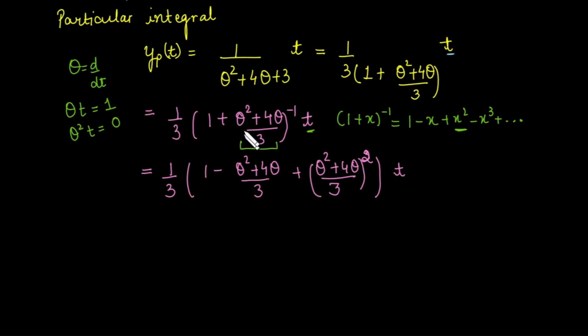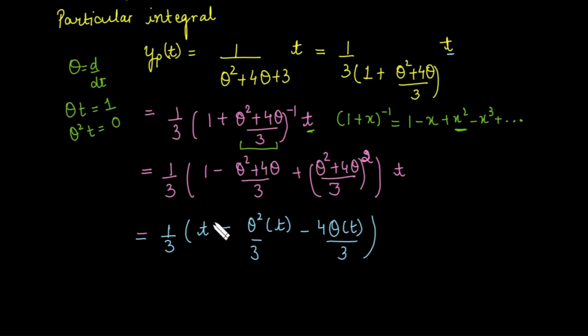So x is theta square plus 4 theta by 3, plus x square. Now multiply these terms. 1 into t is t, minus theta square plus 4 theta by 3 when multiplied by t, we have these two separate terms. One is theta square into t divided by 3, plus minus 4 theta into t by 3.